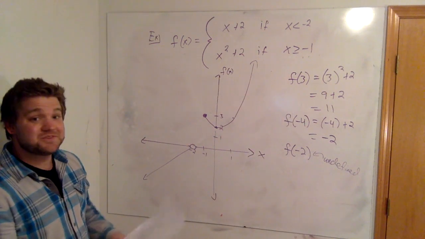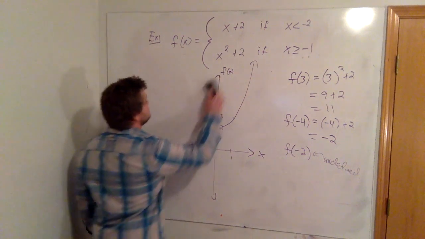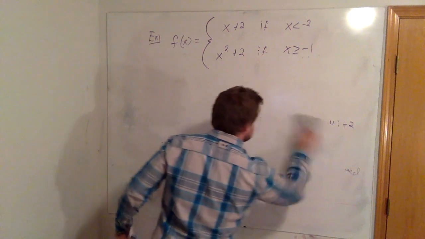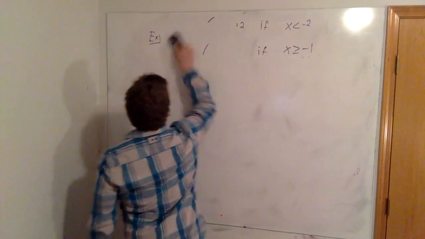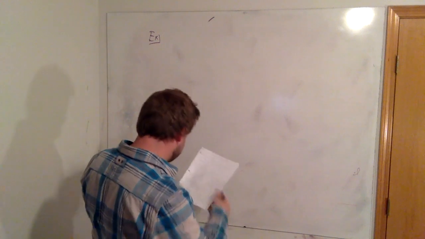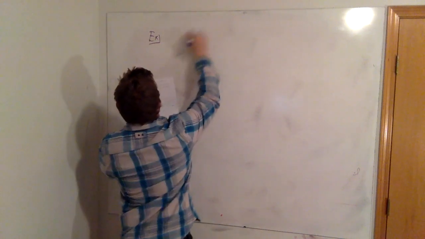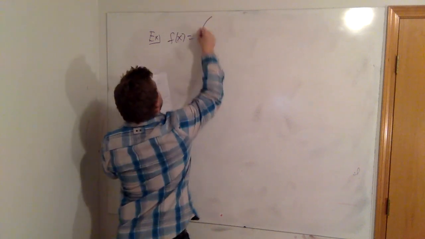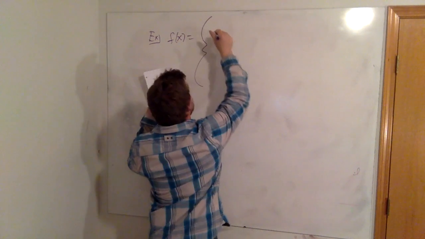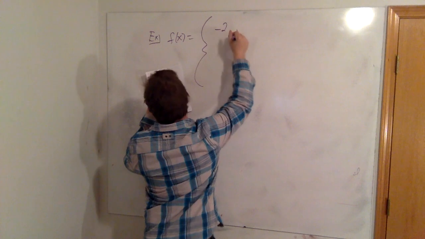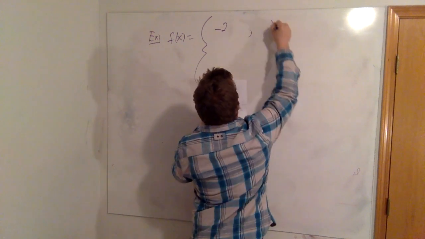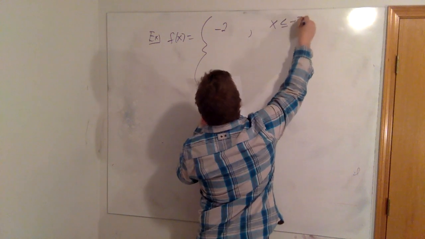Okay, let's do another example. Let's say I have a piecewise function. Let's say f of x is equal to -2 if, or you can put a comma, you might see either one, x is less than or equal to -3.